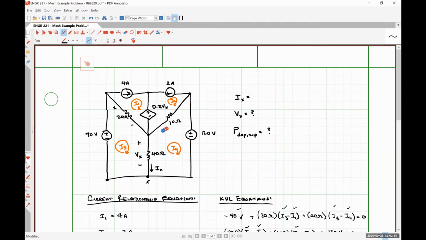So it should be I3, because I3 is flowing down, minus I4, and it's minus I4 because I4 is flowing up. So I3 minus I4, which is 3.214 amps. How do we get Vx?